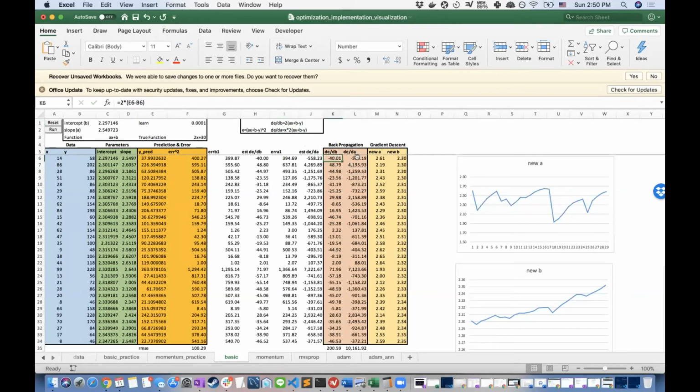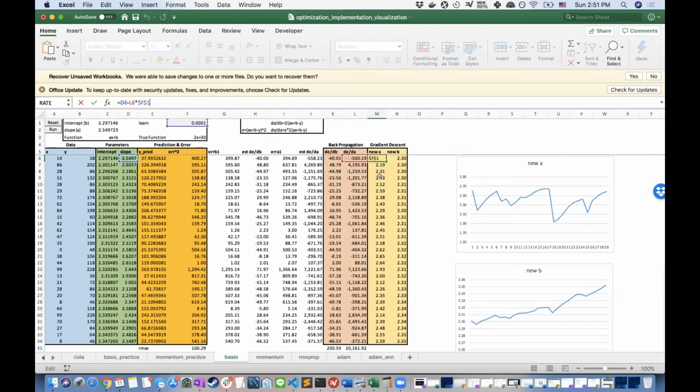And that's how you calculate the gradients used for backpropagation. And the gradient descent is, again, theta equals theta minus learning rate times your gradient, right? So your new A is basically your D6 minus your gradient of A times the learning rate.